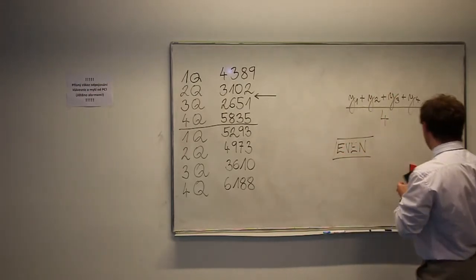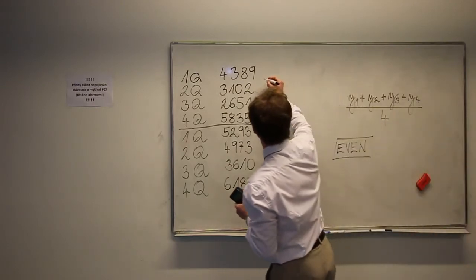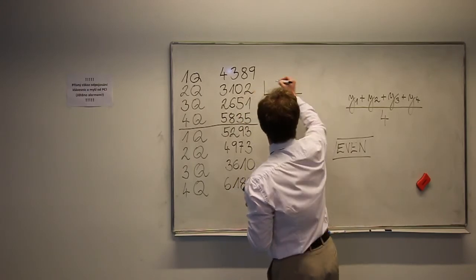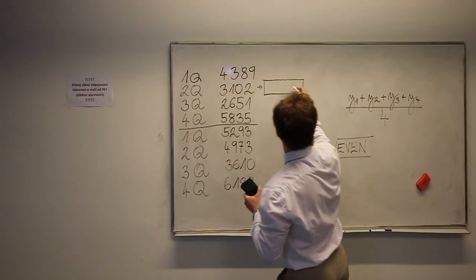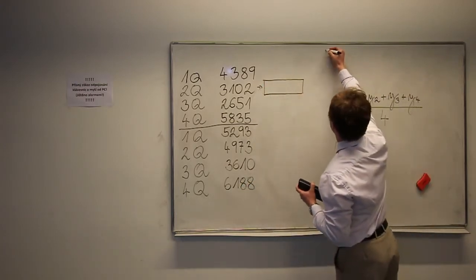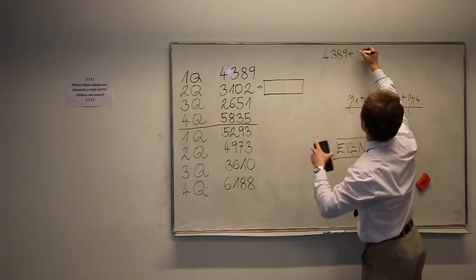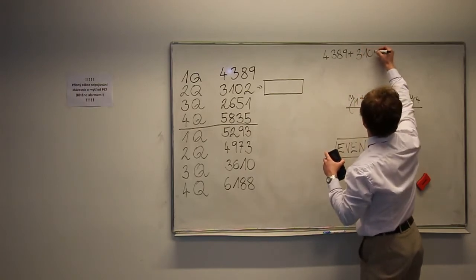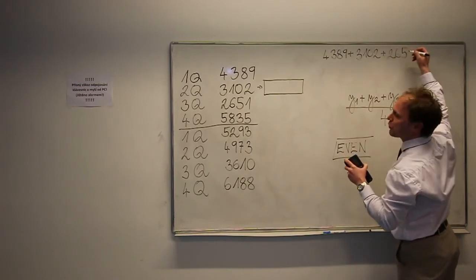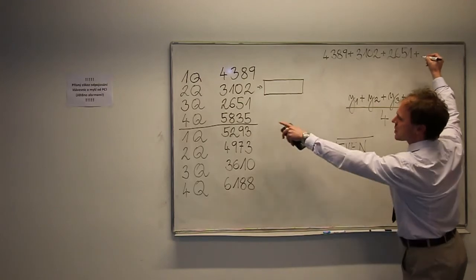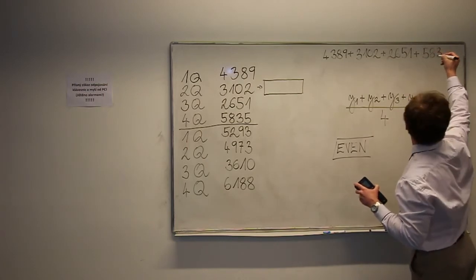So we will calculate the first result, for example, here on this position, and the result will be calculated like 4,389 plus 3,102 plus 2,651 plus 5,835.